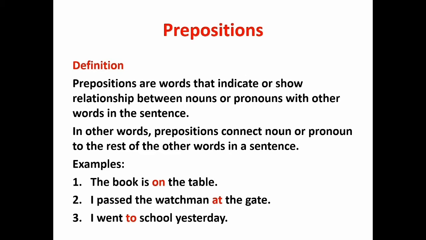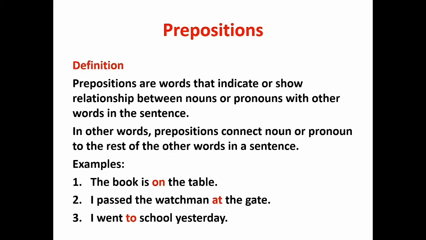Example 1: The book is on the table. We have the book and the table, and the word on shows the relationship between the book and the table.